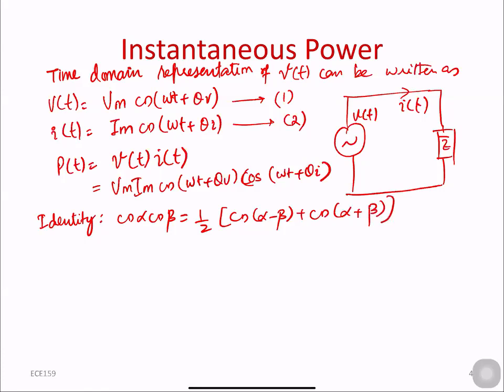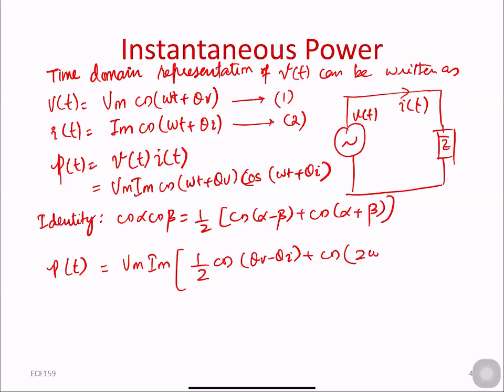We will substitute this into the above equation, and we can write the power with respect to time as Vm Im, and we will replace this by half of cos of alpha minus beta, which is cos of theta v minus theta I, plus cos of 2 omega t, adding up this omega t and this omega t.